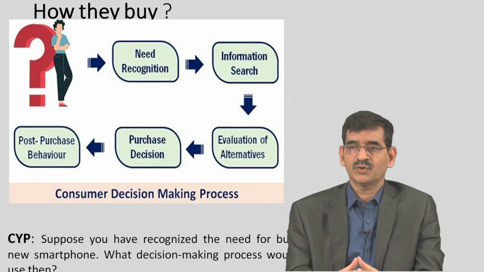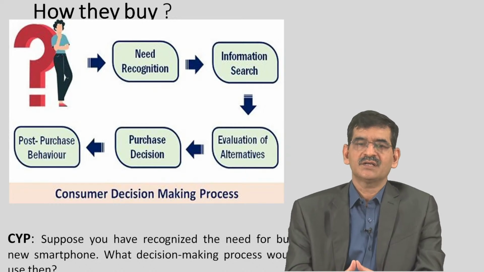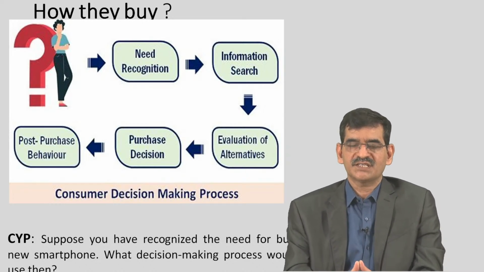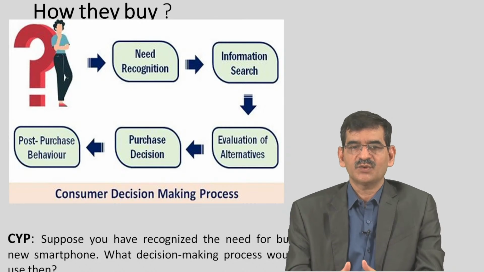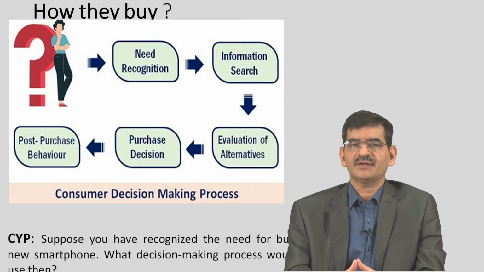Once you are aware of the different sources, then you will evaluate the different alternatives based on your price range and your product features, and after that you will make the purchase decision. Purchase decision means either you prefer the online purchase, or you visit a particular retail store, a multi-brand retail store, or an exclusive retail store. And after that purchase, the post-purchase behavior will develop.